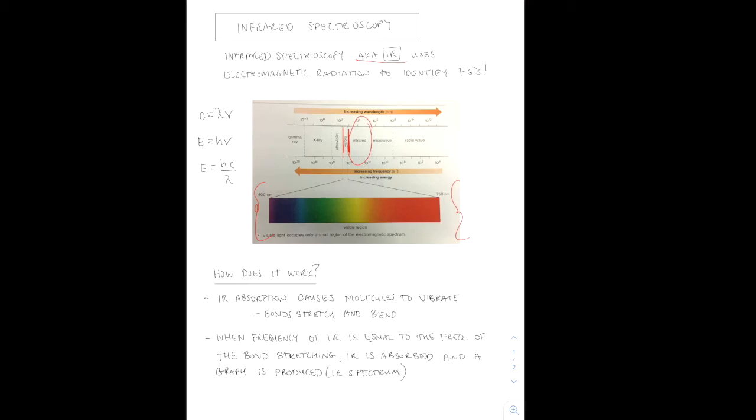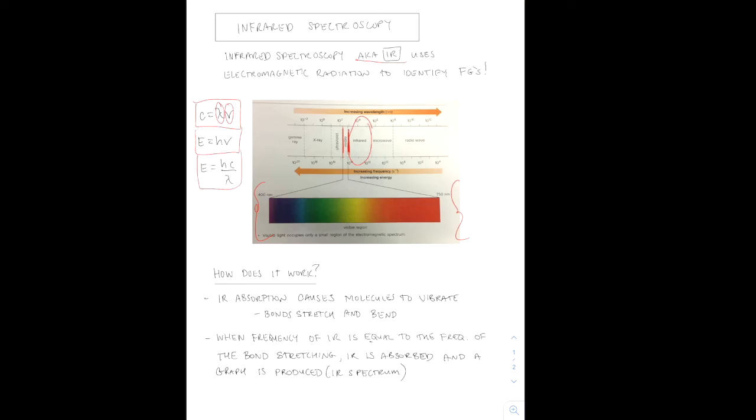Just a couple reminders on some equations. The speed of light is equal to the wavelength lambda times the frequency of the light, nu, and then energy is equal to Planck's constant times the frequency of the light.